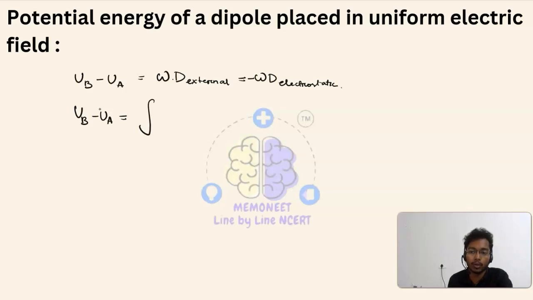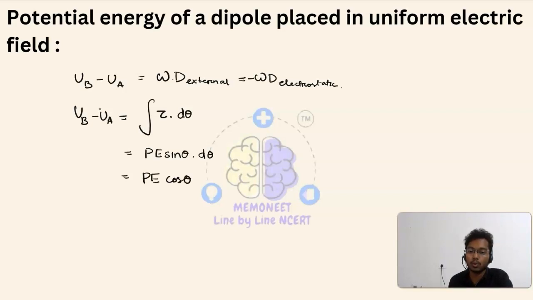So in the rotating system we can write tau dot d theta. Tau is pE sin theta, dot d theta, which gives minus pE cos theta.